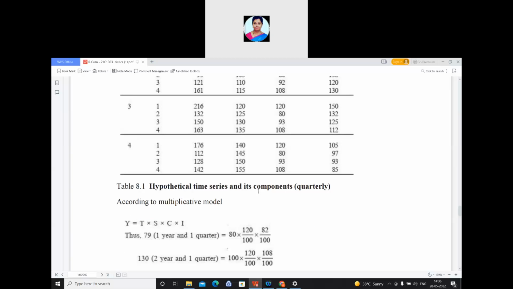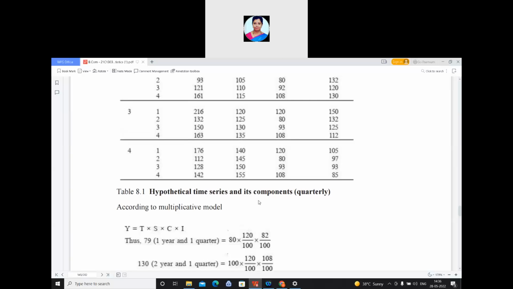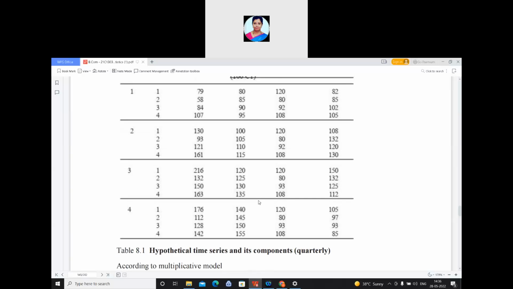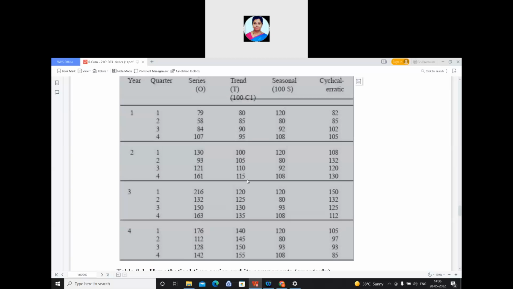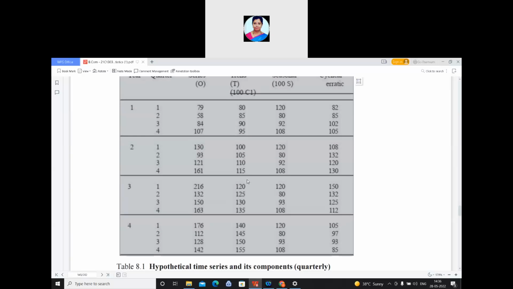And similarly 130, which is year 2 and quarter 1. See, let us check. The corresponding values we have as 100, 120 and 108.